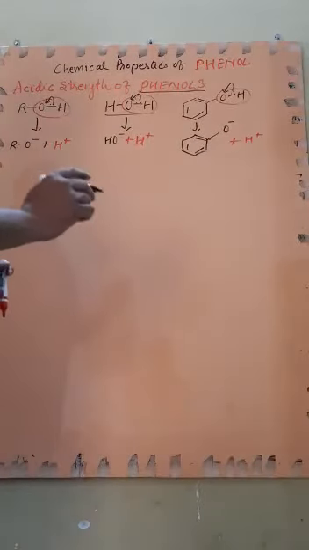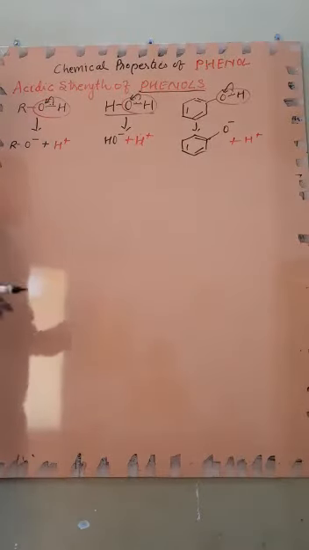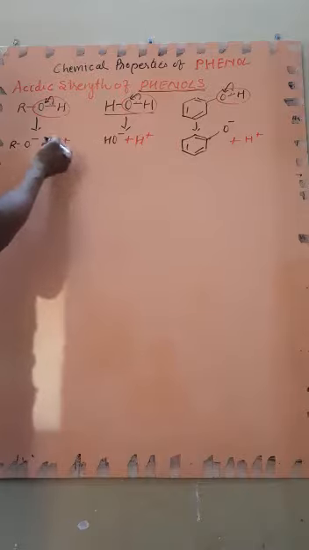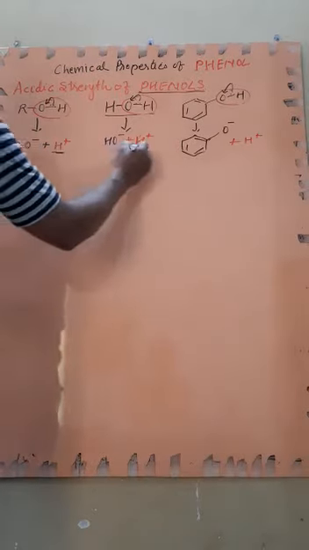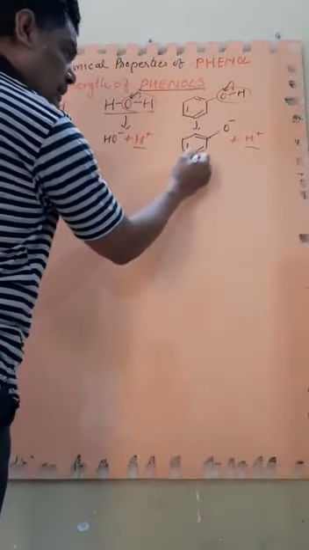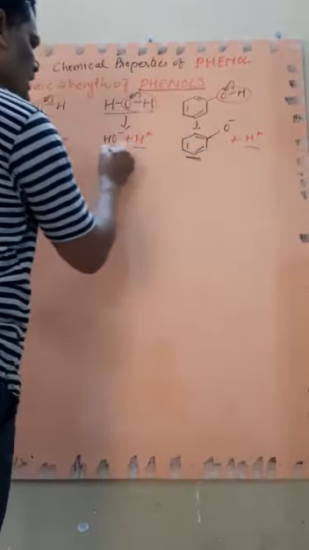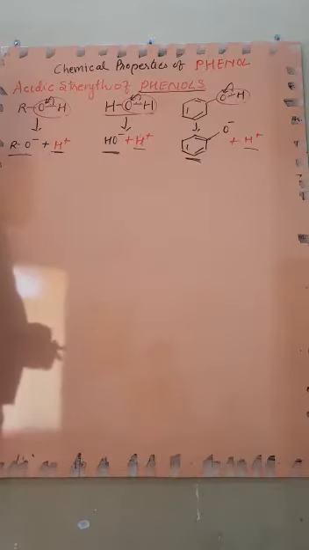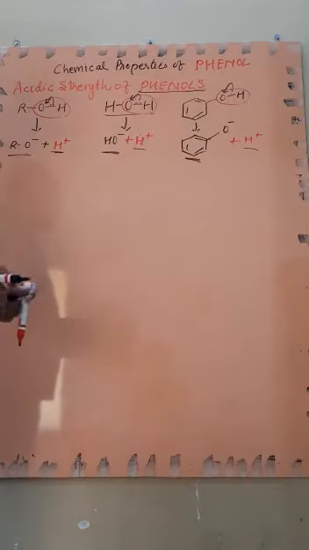But what are the differences between these three compounds? Student, the difference is that even after releasing H cation, the remaining species may or may not be able to stabilize themselves.